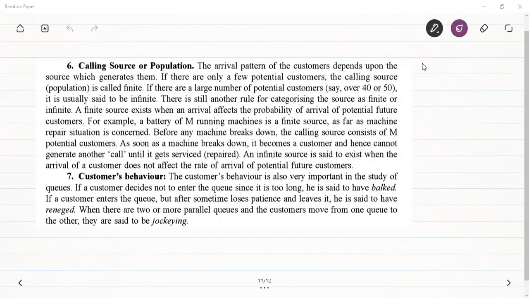Okay, it is the group from which the customers, अगर हम कुछ different term में इसको define करें, it is the group from which the customers can come and get serviced.